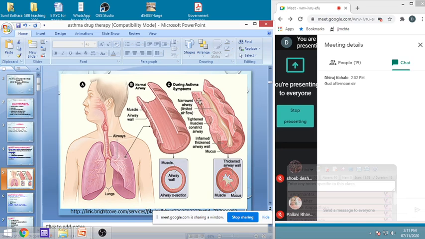Then here you can see that comparatively it has become thicker because of the inflammation which is there, and simultaneously there is a constriction. So the lumen is also reduced, and to add to it, the third important thing is the increase in thick mucus.